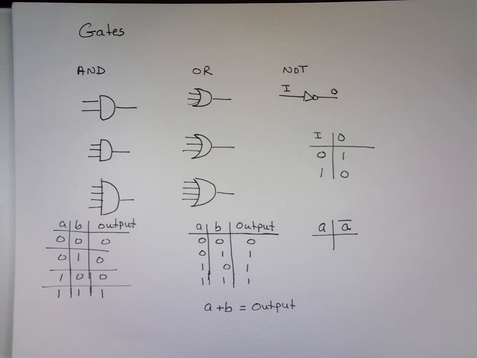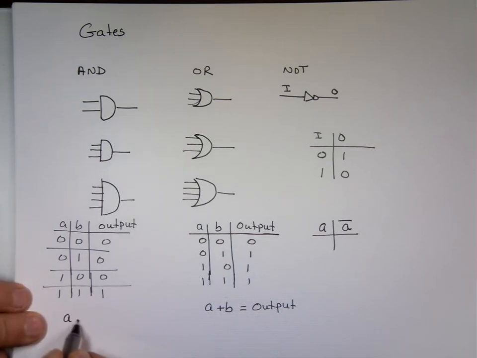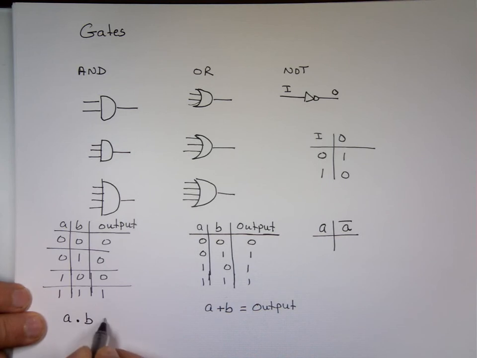True and true is true. So one is true and 0 is false? True and 0? If true and false? One is true, 0 is false, yes. All right, thank you. And the way we write that, A and B, like multiplication.